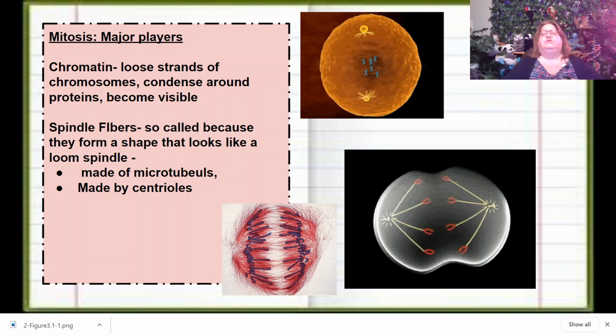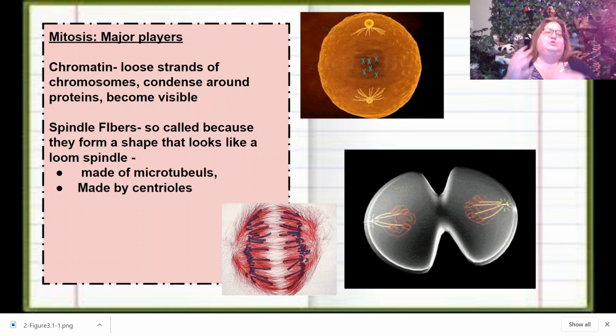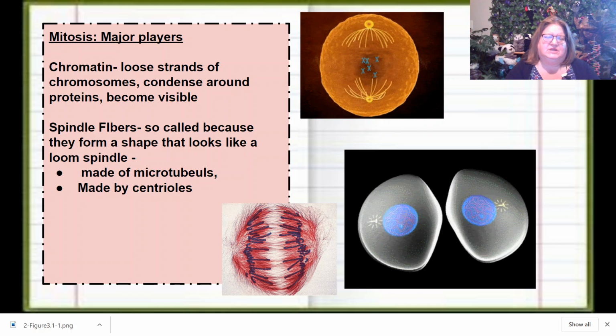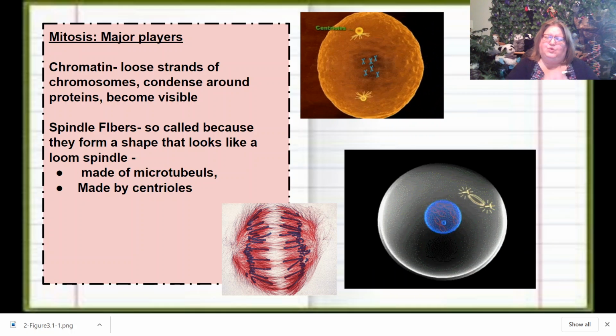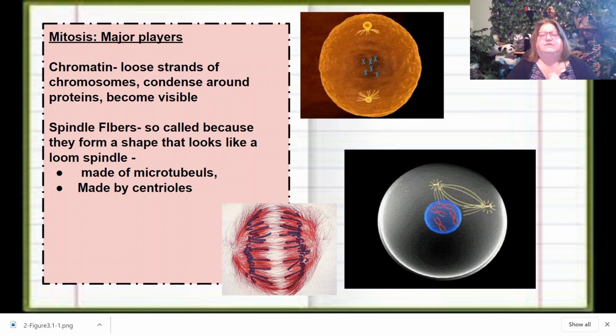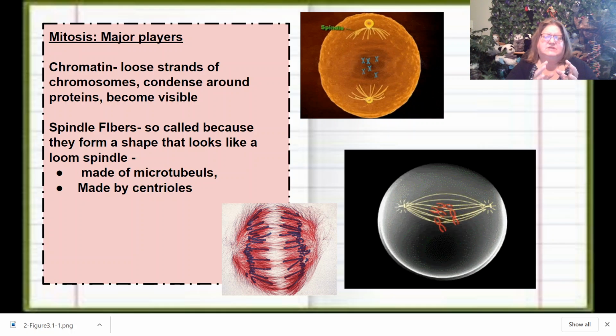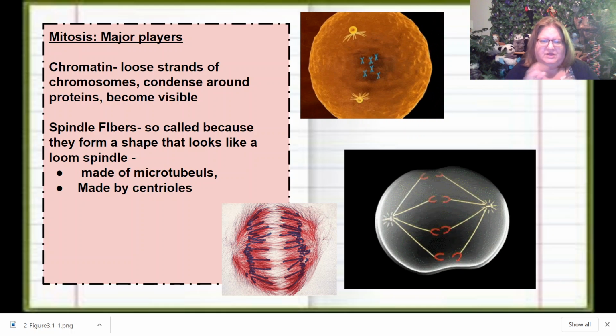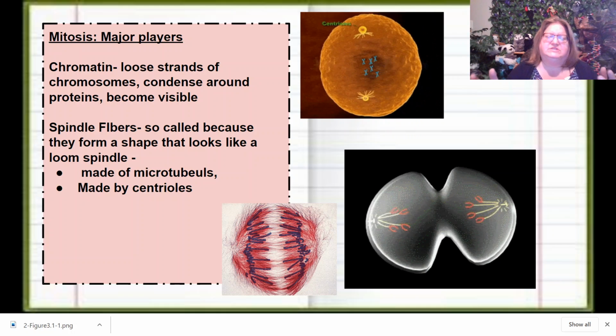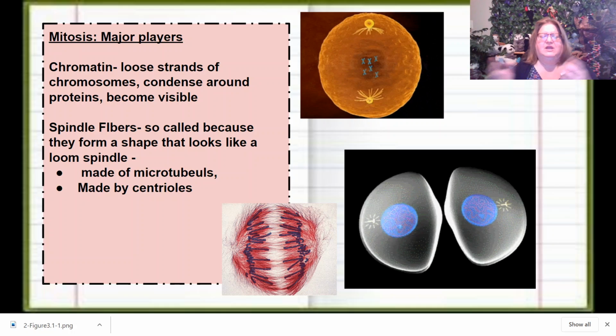Now, the other thing we need would be a way to move these chromosomes about. And here we get spindle fibers. Now, this is another word that derived from an old use of a term that we never use ever. How many times have you ever heard spindle? Never, right?